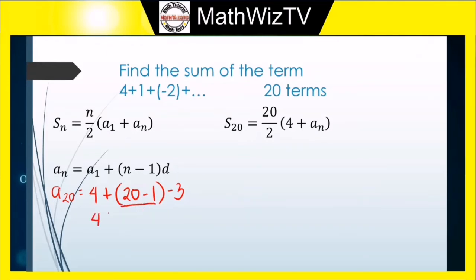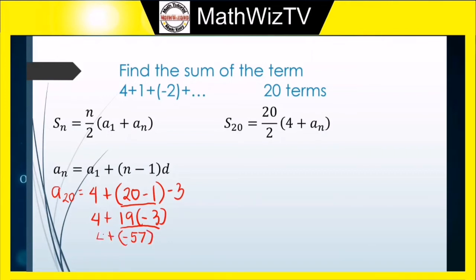Copy first the 4 plus, 20 minus 1 is 19 multiplied by negative 3. And then next, after that, we need to multiply. Again, follow the PEMDAS rule. So as we can see, if we multiply 19 and negative 3, the answer is negative 57.